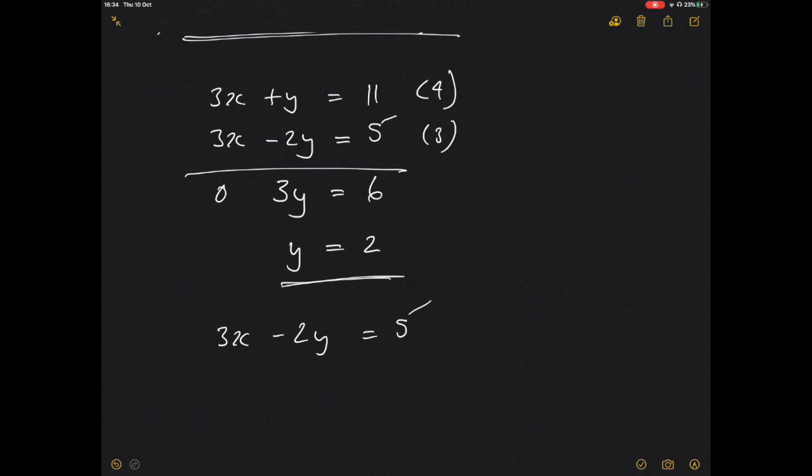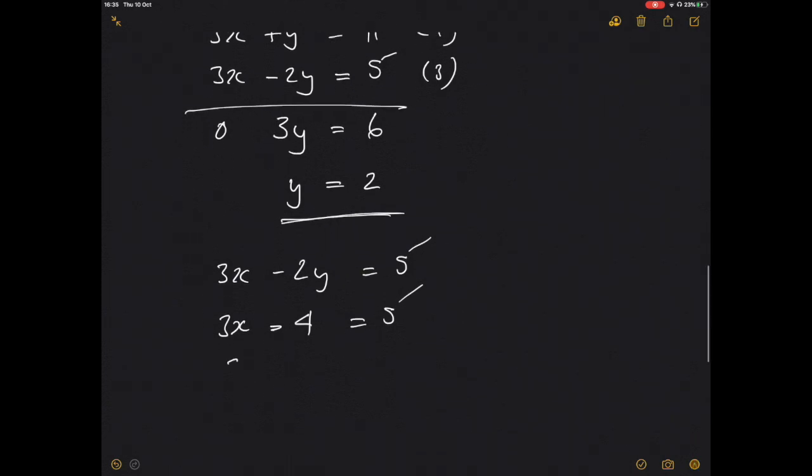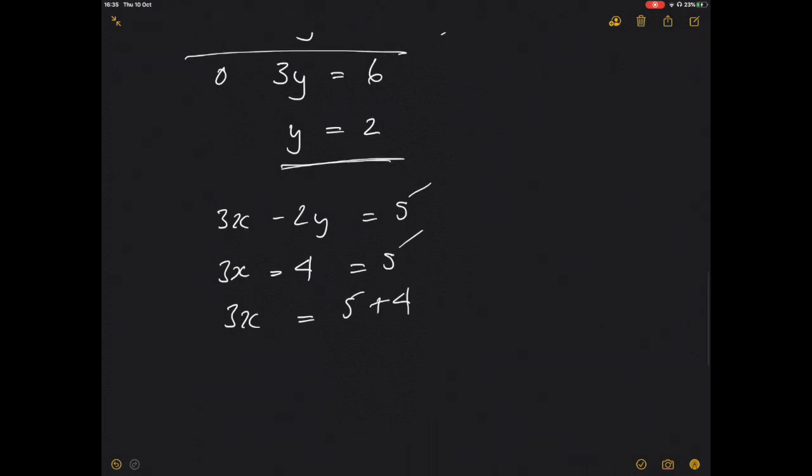We now know a value for y as 2. So we can say that 3x minus 4 equals 5. Therefore 3x equals 5 plus 4, so x equals 3.